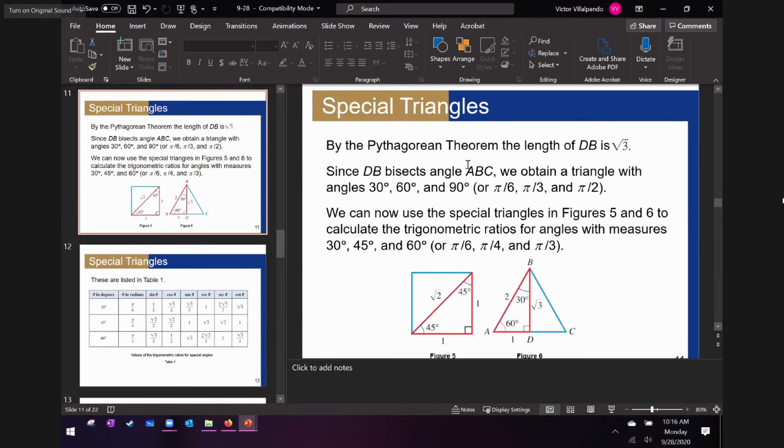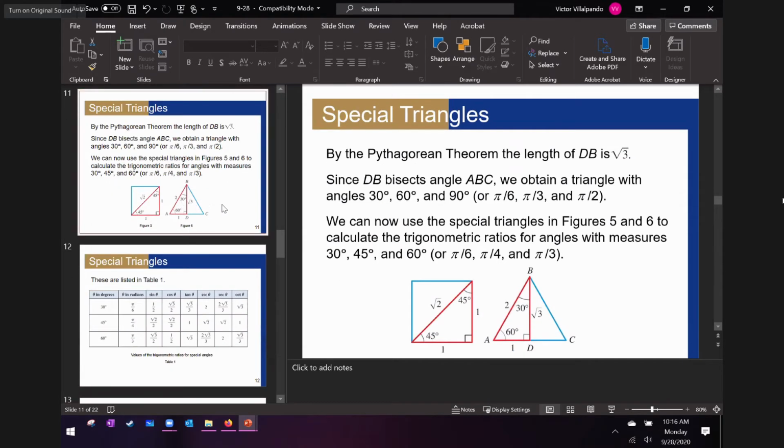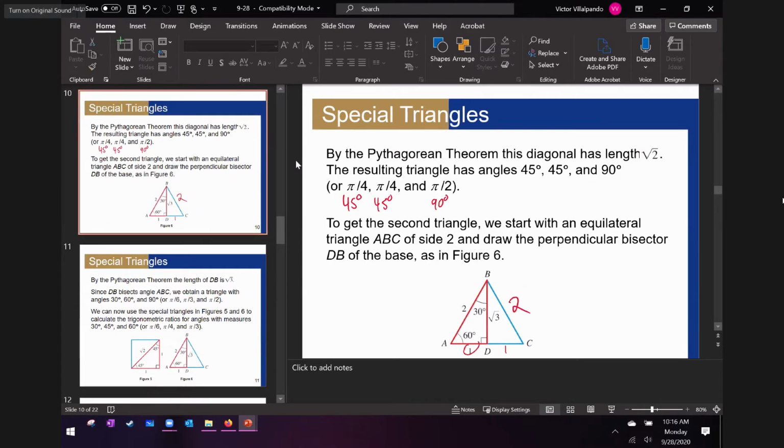Now it says Pythagorean theorem, the length of DB is square root 3. So let me take a peek at that. They went ahead and used the Pythagorean theorem. Since we know this side is 1, we know this side to be 2. We have 1 squared plus b squared is equal to 2 squared.